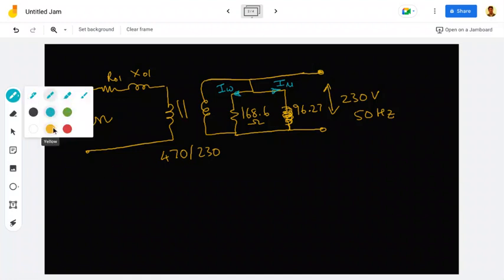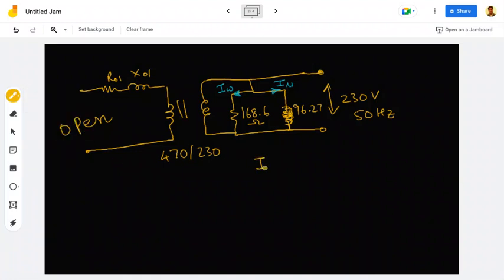So let us calculate these two quantities. IW will be 230 divided by 168.6, and I mu will be 230 divided by 96.27. I'm just omitting J because I will address it later.